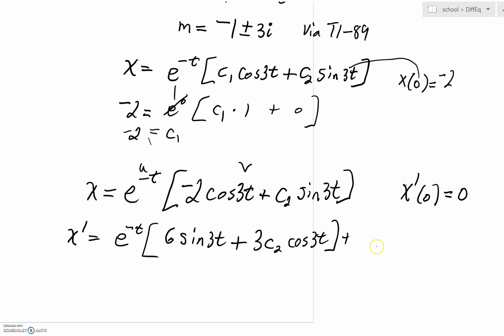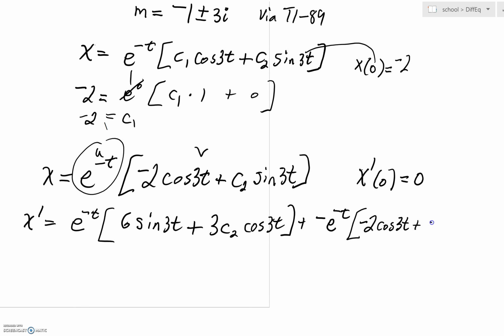Then we want to take u prime. U prime would be negative e to the negative t, taking the derivative of our e to the negative t here. And then we're just going to multiply it by negative 2 cosine of 3t plus c2 sine of 3t.